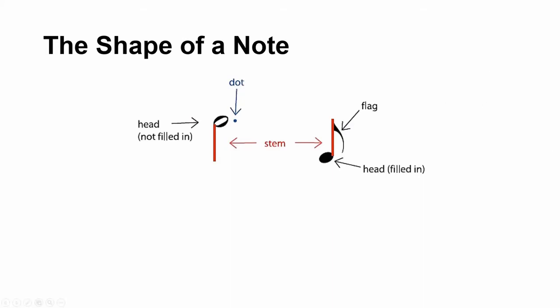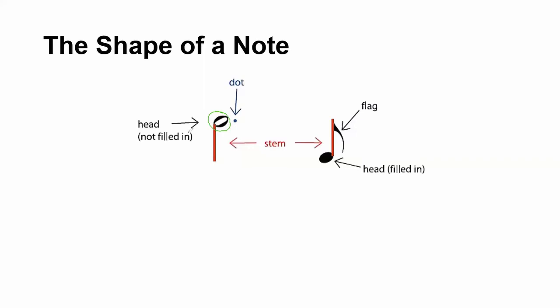So a note has a couple of components. We've got the head. The head is this part of the note that looks like a circle shape here.